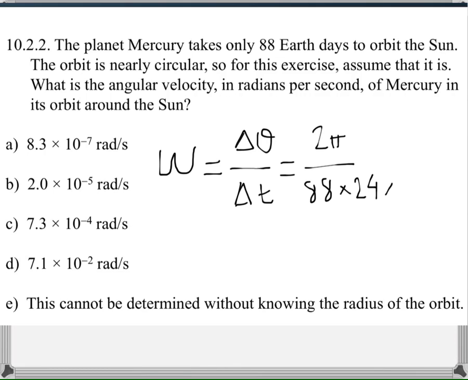And 1 hour is how many seconds? 3,600. So if you calculate this, whatever the value, I think I have already calculated it as 8.3 times 10 to the minus 7 radians per second.